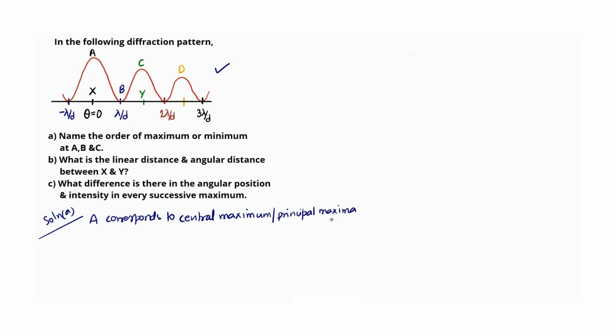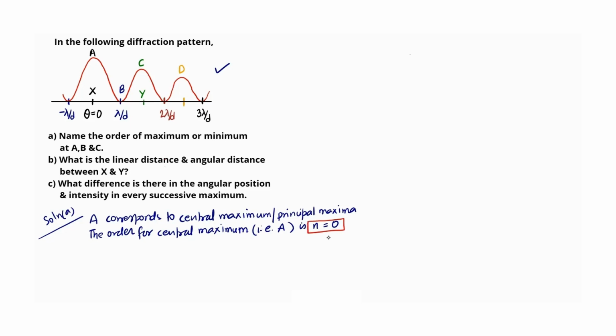And the order for the central maximum, that is in this question, A corresponds to the central maximum, is n equals 0. So we have this.